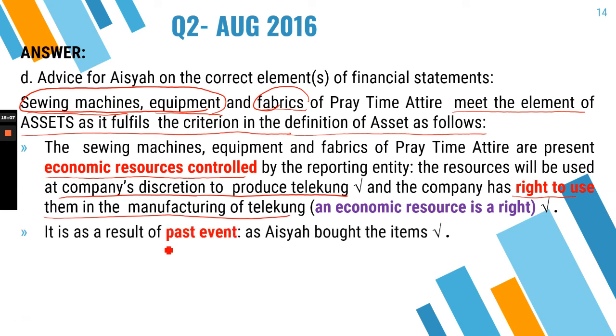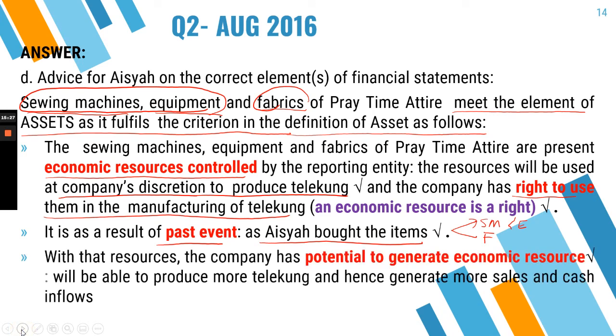This is as a result of a past event because Aisha bought the items. The items here refer to the sewing machine and equipment and also the fabric. These are what was bought by Aisha. It was not just a proposal, it was bought in the past.